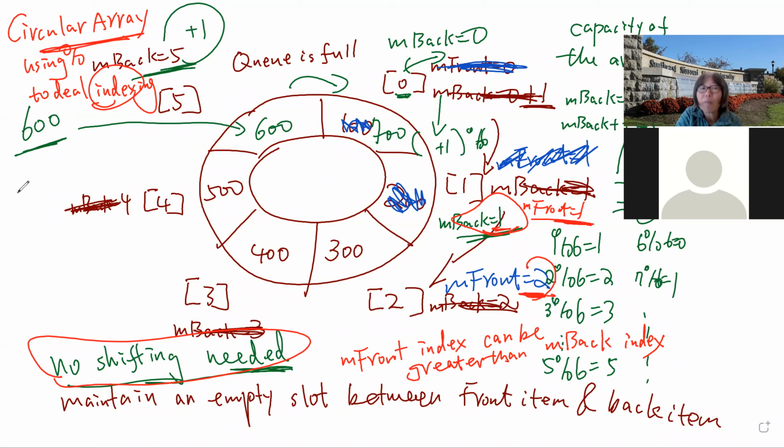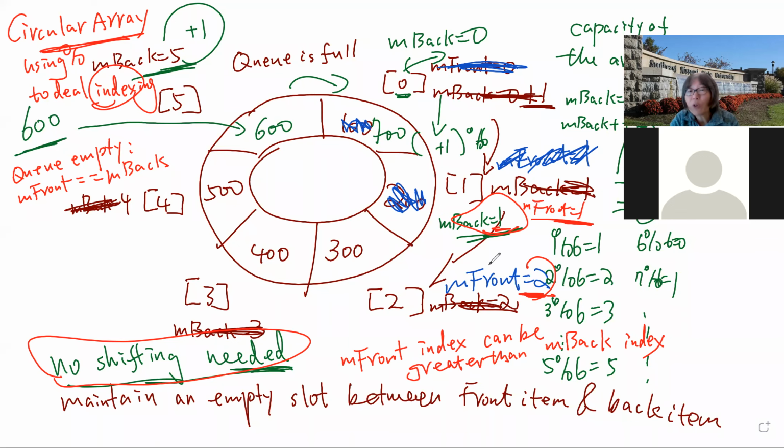So if we use a circular array to implement our queue, then the queue empty condition is that the front index is equal to the back index. When both are equal, no matter where they are, that means your queue is empty.